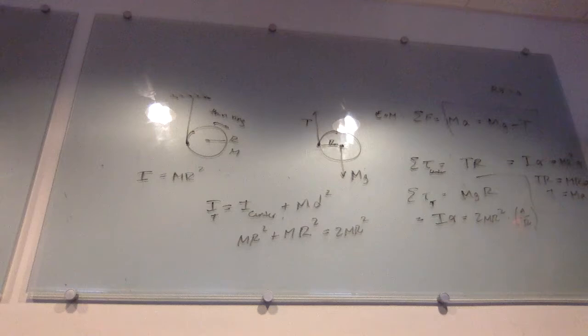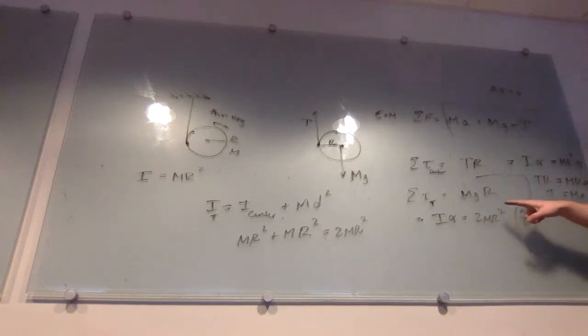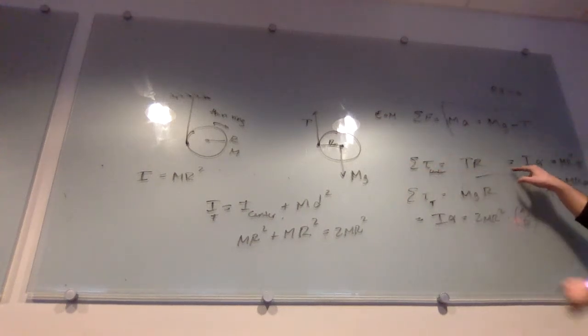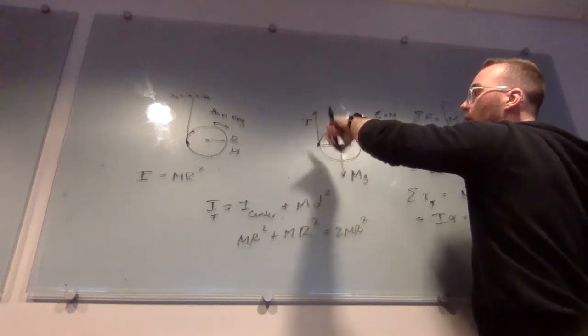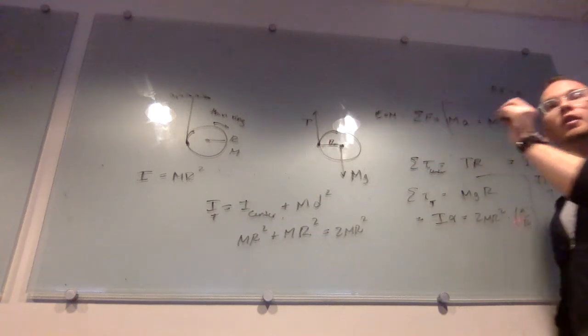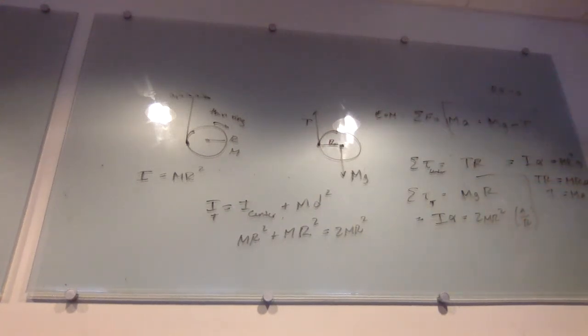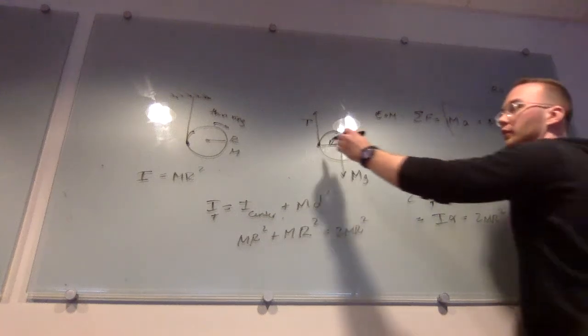For both of those, would the A be the acceleration of the center of mass? Yes, because alpha for the first one is just the angular acceleration around the center, which is related to the linear acceleration, because this is a string, right?